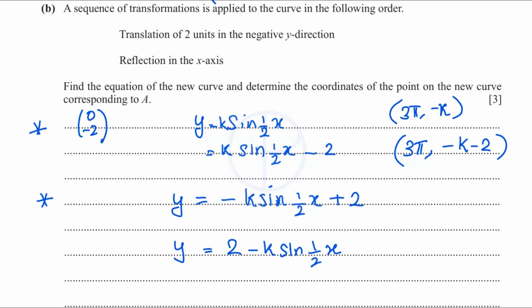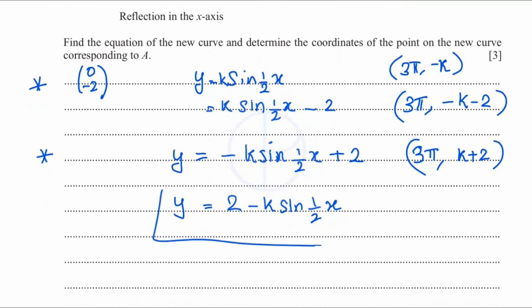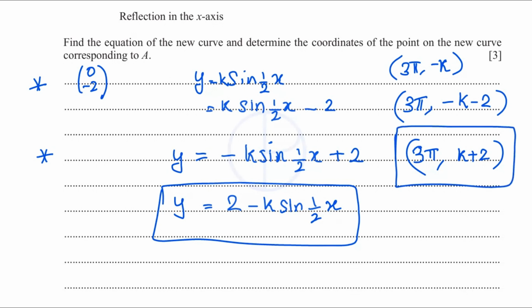So next we are applying the reflection in the x-axis, minus of f of x. Okay, only the y value changes here too. So 3 pi comma minus of minus k minus 2 will become k plus 2. Okay. These two are the final answer.